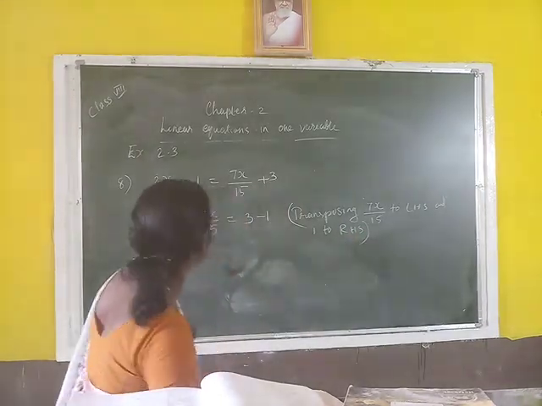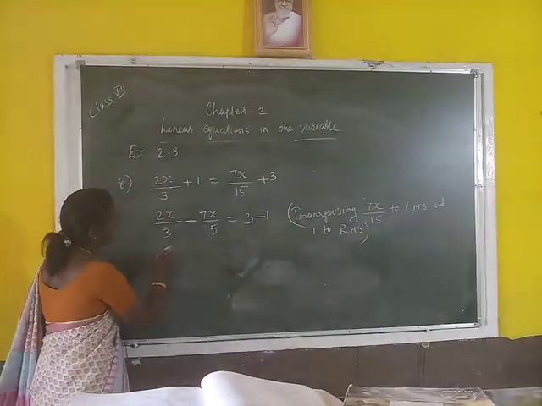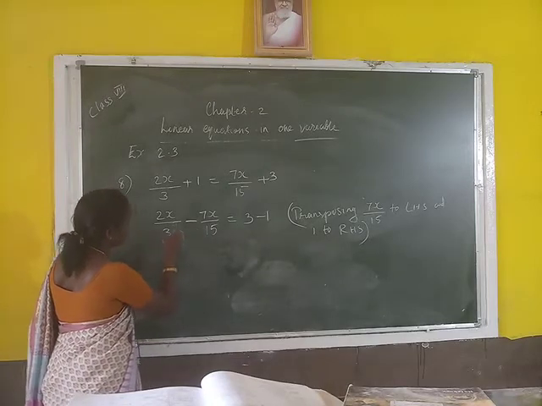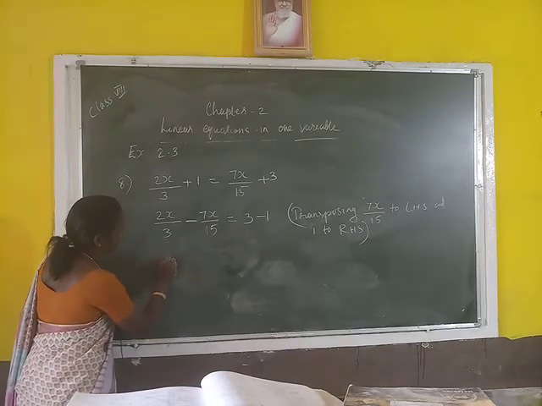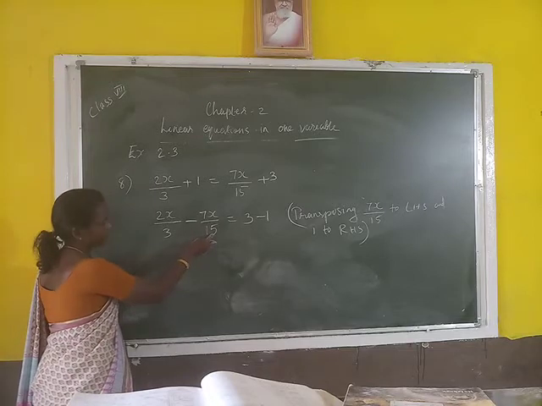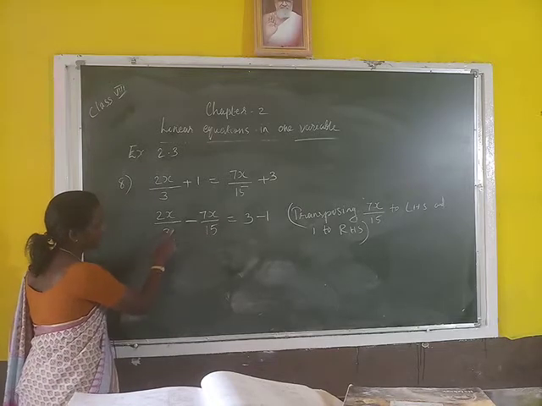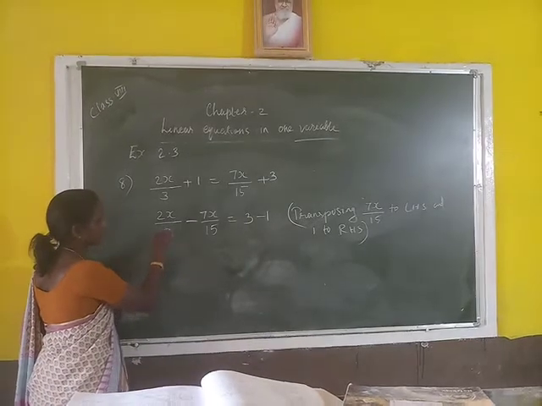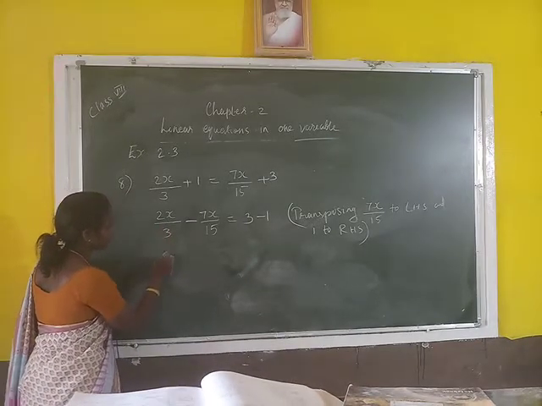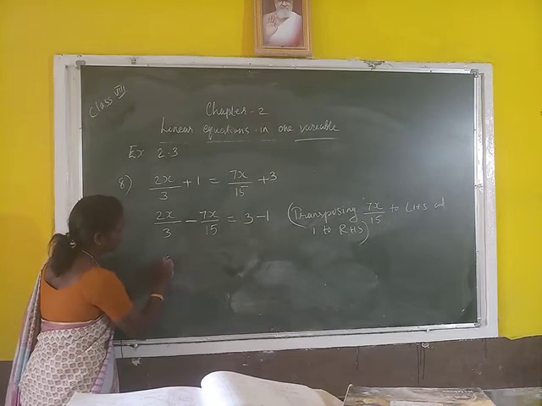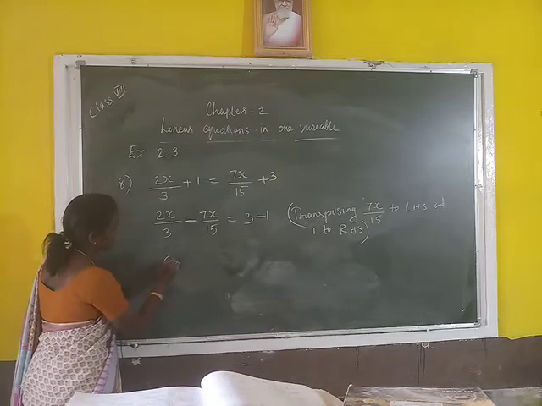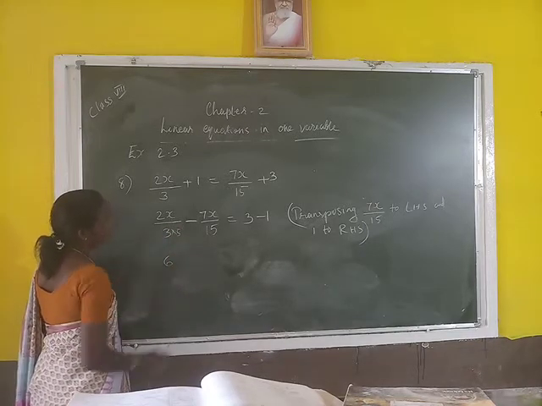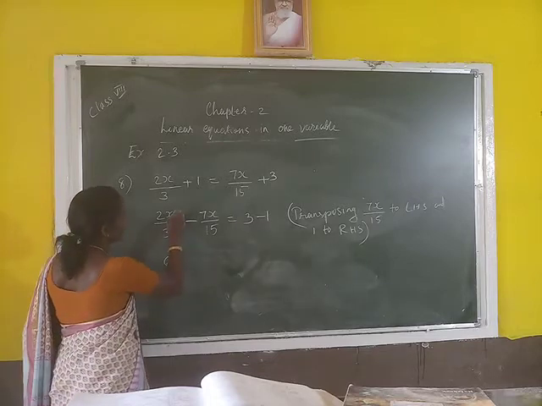Then look here, the denominators of 2x are different, so we write it with the same denominator. Multiply by which number? 5. So 5x and here also 5.